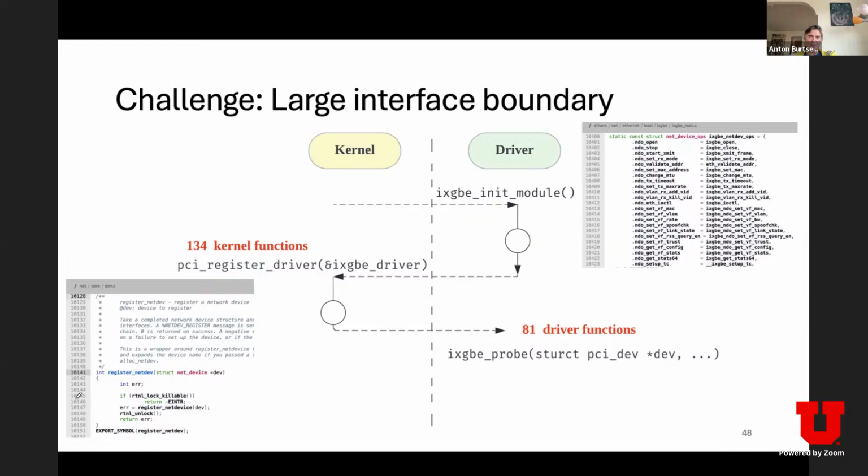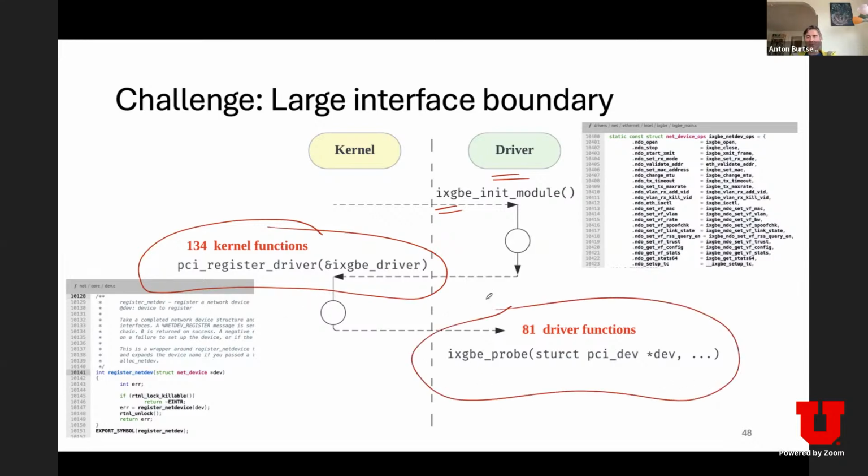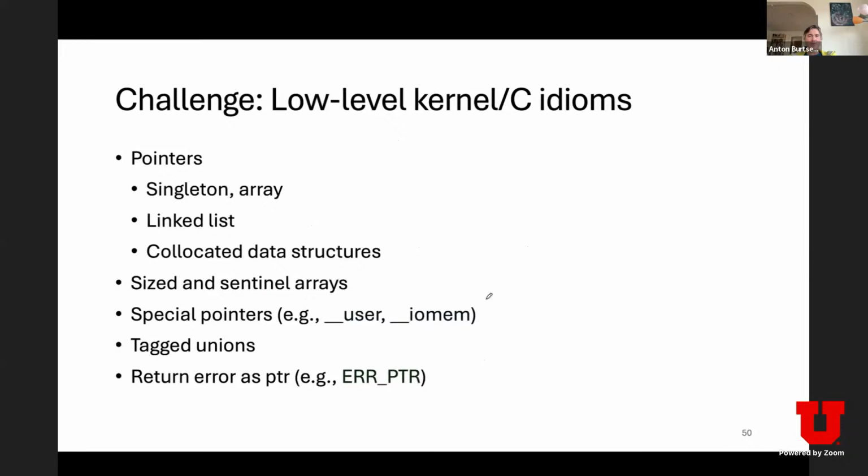And the complexity, just to illustrate it: the IXGB driver, a network driver, uses 134 functions of the kernel. The kernel itself uses 81 functions of the driver, but they pass a ton of different objects across. And they use various low-level programming idioms, like pointers, singletons and arrays.